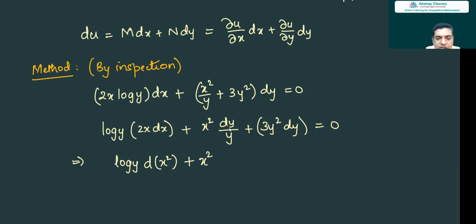And x square times dy upon y gives the differential of log y; the derivative of log y is 1 by y times dy. So the differential of log y is 1 by y dy, plus the differential of y cube is equal to 0.